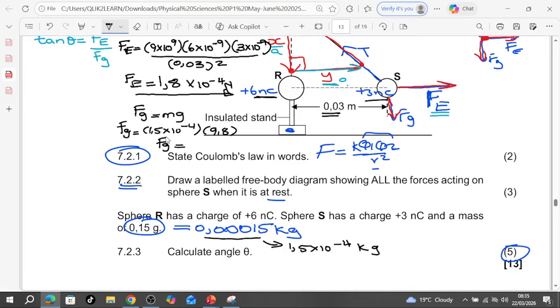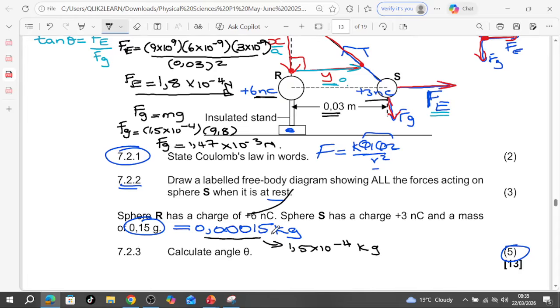So Fg equals, when I put this on the calculator, 1.47 times 10 to the power negative 3. So basically it's 0.00147 newtons.